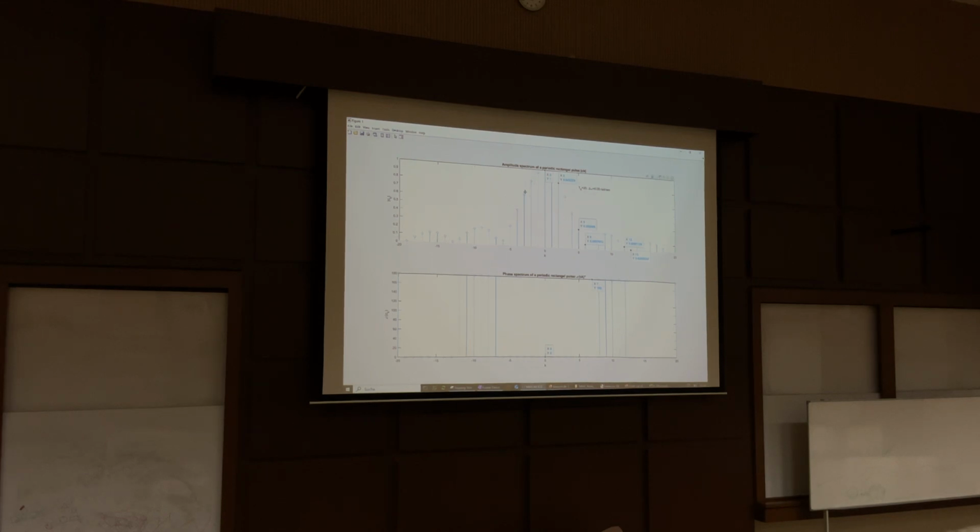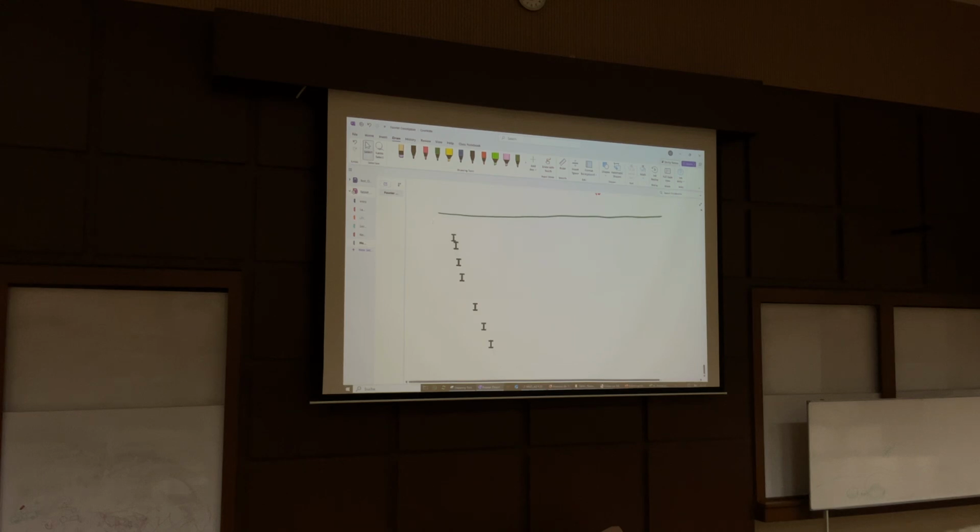You see, here are the amplitudes. In between here, there's nothing. So we have single amplitudes. This is a discrete spectrum. And that is the story behind that.